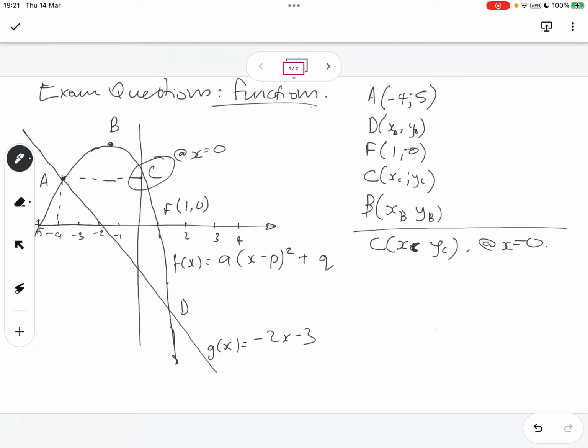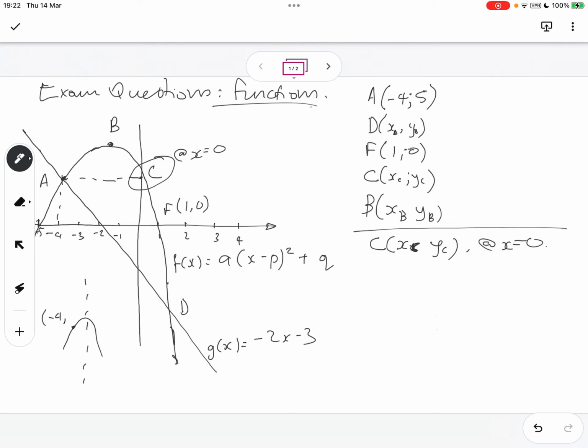Okay, points E, F, and C are intercepts with the coordinate axes. A is (-4, 5). Oh, okay, cool. Here's a hint. So you see the point A, right? It is the reflection of C across the axis of symmetry of f.